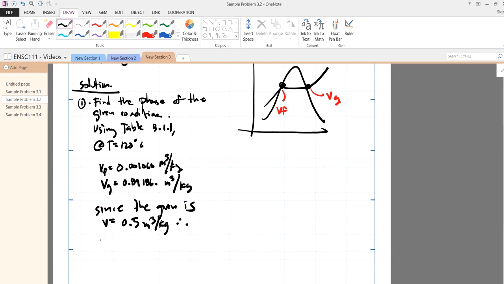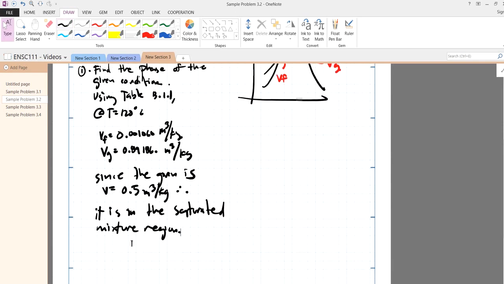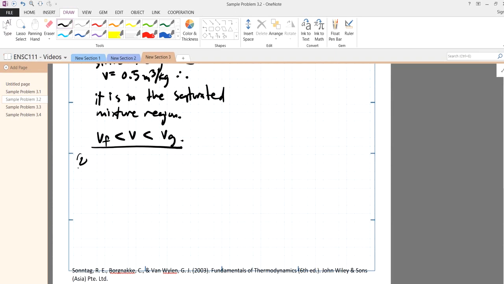Therefore it is in the saturated mixture region, because VF is less than V, which is less than VG. So that's our condition. So now let's plot it in the TV diagram.